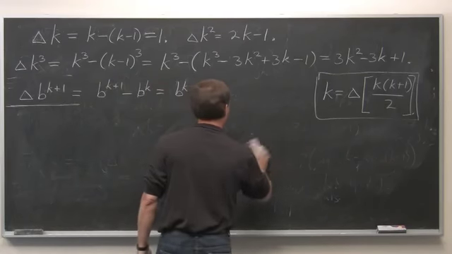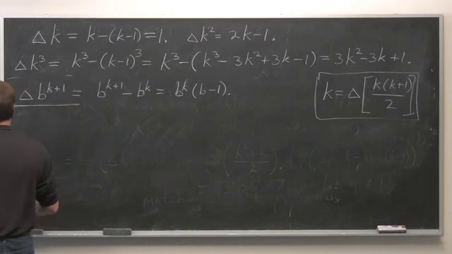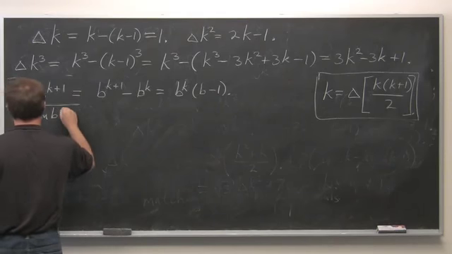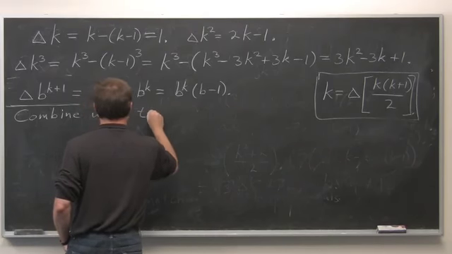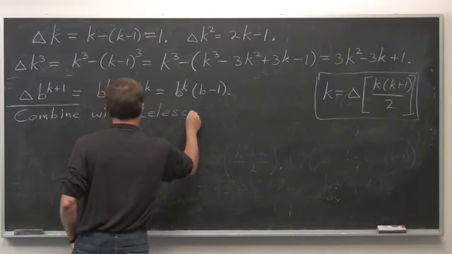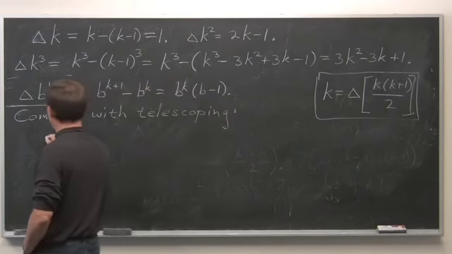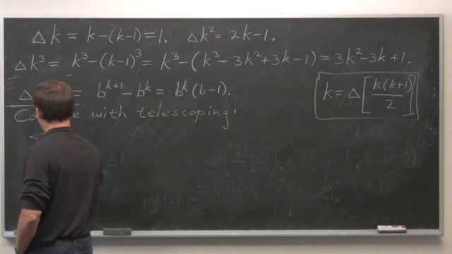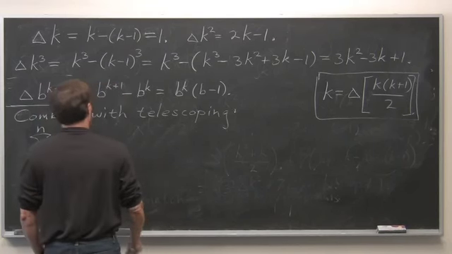So, for instance, combine with telescoping. What is the sum as k goes from 1 to n of k?